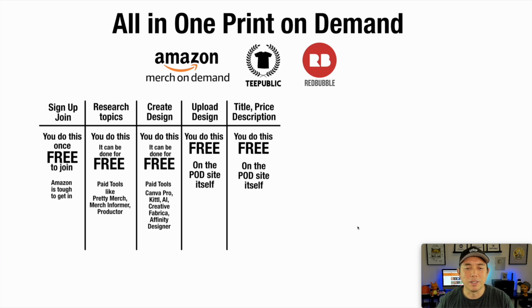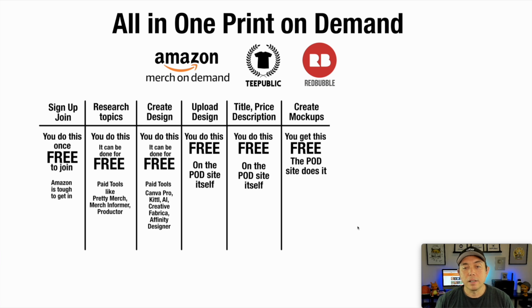They have a set price, but for the most part, you put in a title, price, and description. You do this free, and that's part of doing print on demand with this, or any print on demand. As we go through some of the other ones, it's something that you have to learn how to do, and find the right kinds of titles and descriptions and SEO and all of that good stuff.